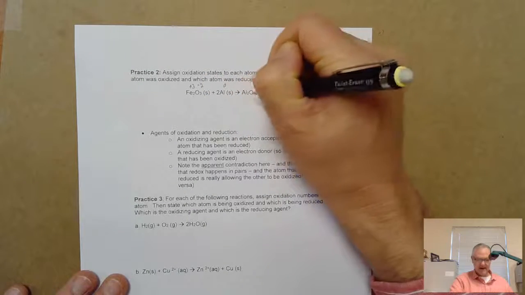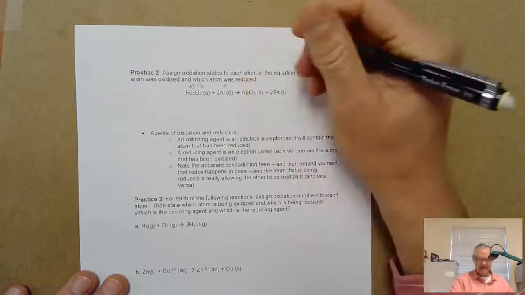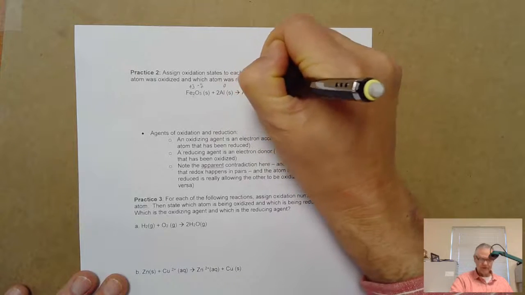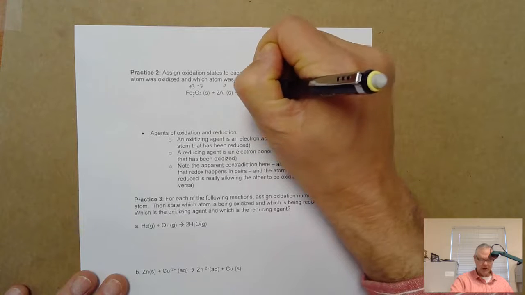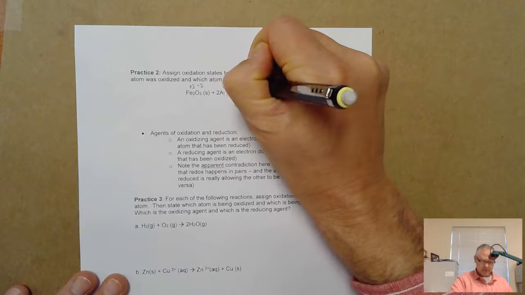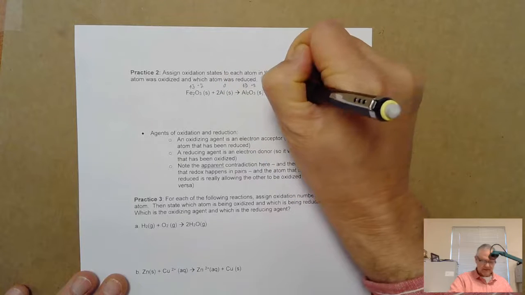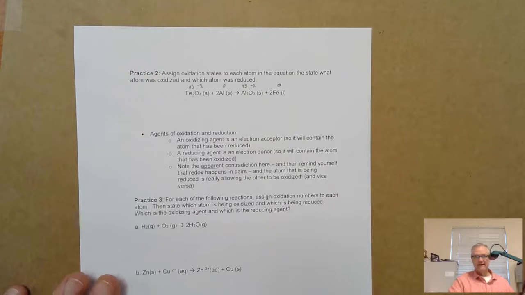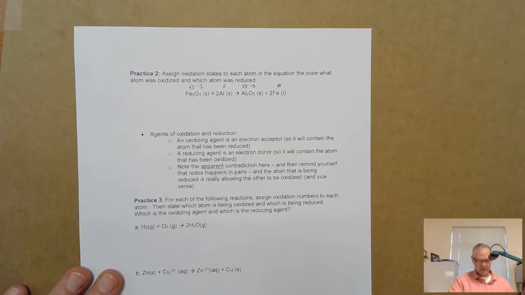Aluminum on this side, I'm going to assign it the exact same way. We get a -2, which is -6. What does the aluminum have to be? It would have to be a +3. And then this is going to be 0. So we have assigned our oxidation states across.